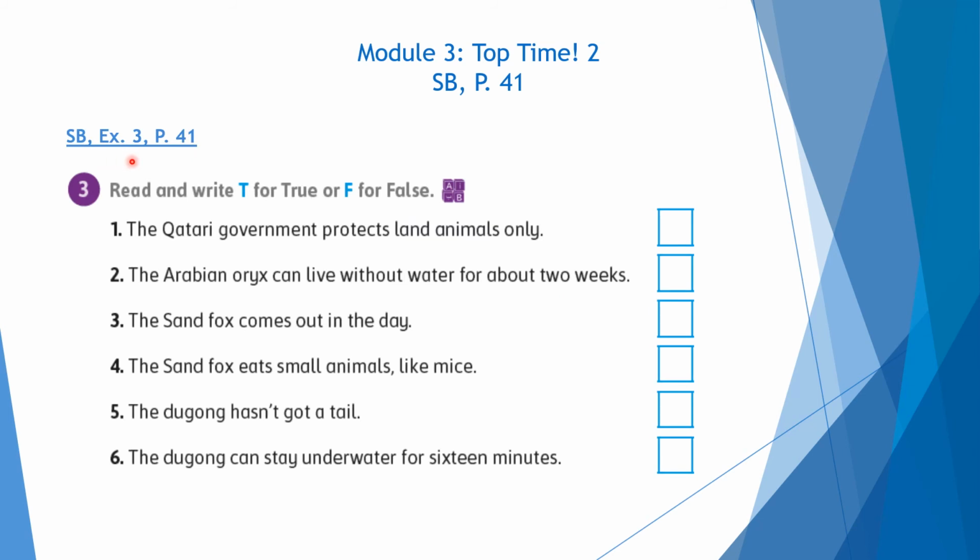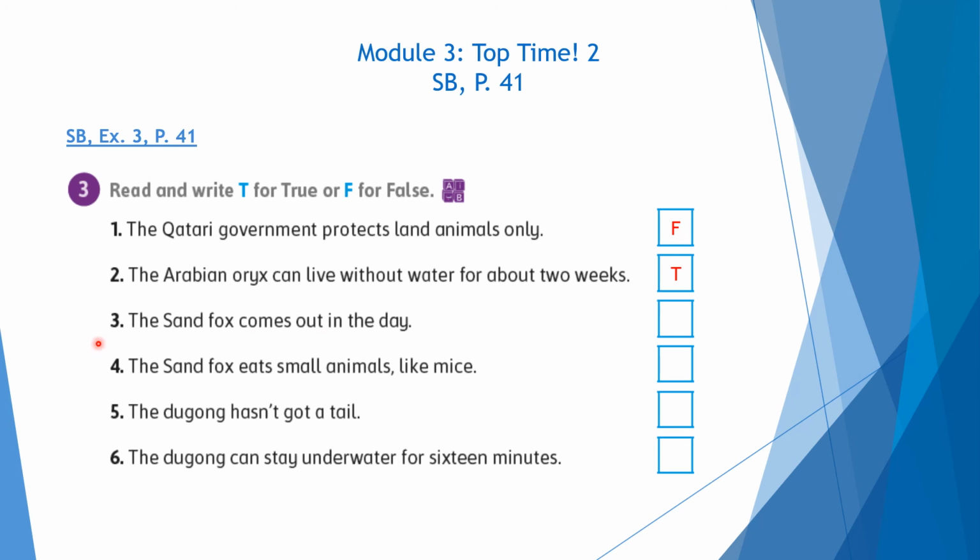Exercise 3. Read and write T for true or F for false. Number 1. The Qatar government protects land animals only. False. Now I'll give you 2 minutes to do the rest. Number 2. The Arabian oryx can live without water for about 2 weeks.